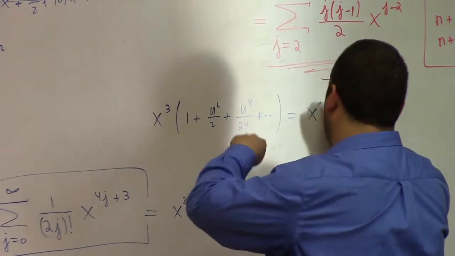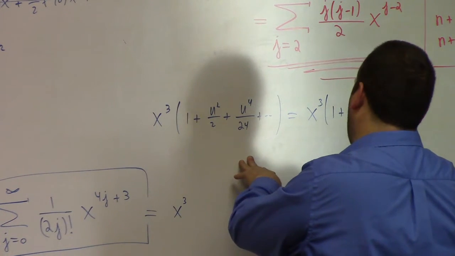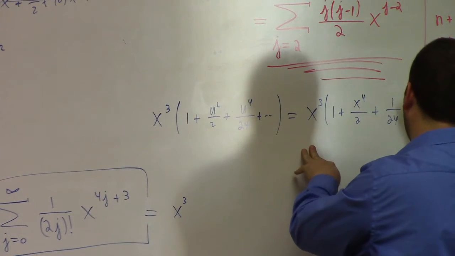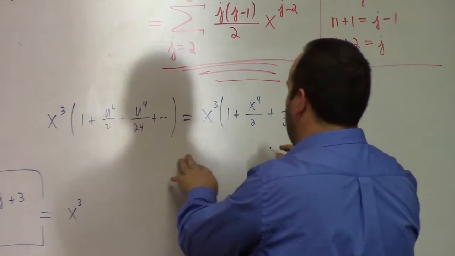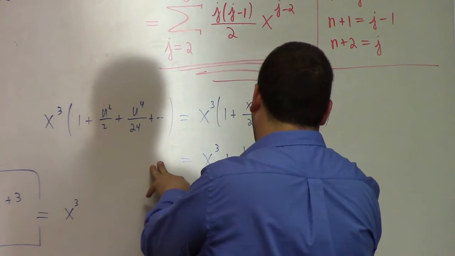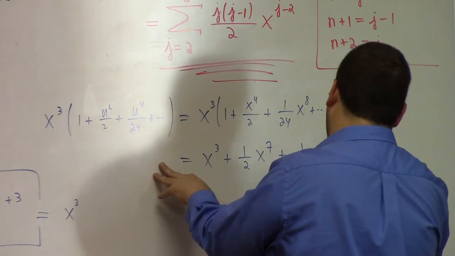So that's x to the 8th, yeah? So it looks to me like the first 3 terms are x cubed plus 1/2 x to the 7th plus 1 over 24 x to the 11th, and so forth.